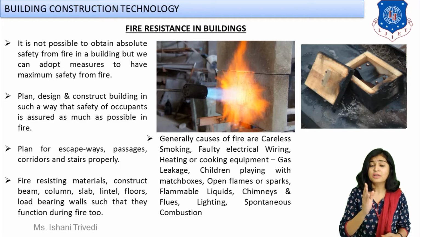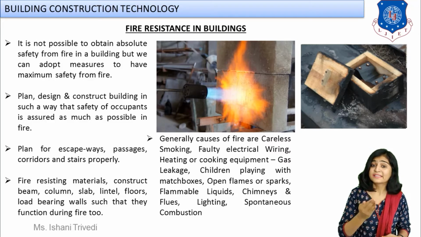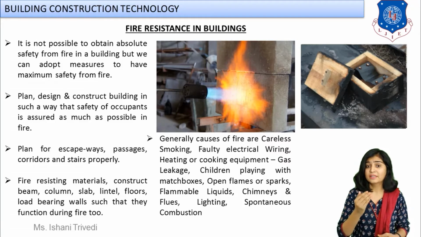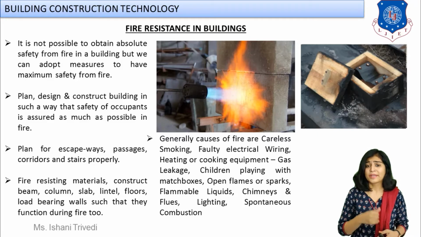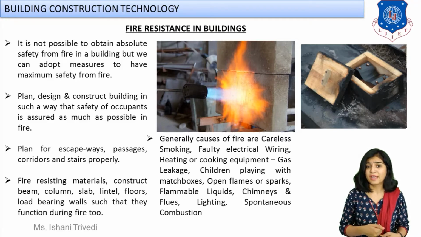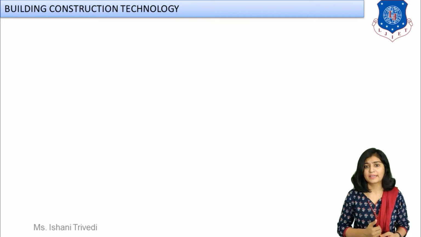Can you see how the wood is burnt, and how you can burn the concrete material? There are fire resistance tests on materials. You can carry out the test by making a sample of your material, giving it fire flame, and then checking its fire resisting properties. Such tests can also be carried out.